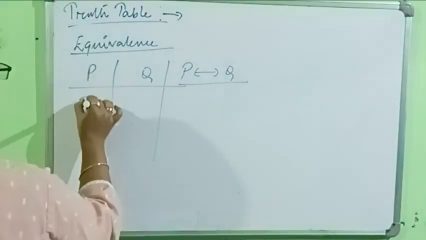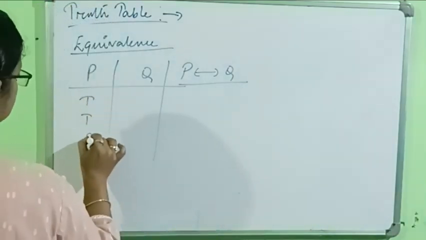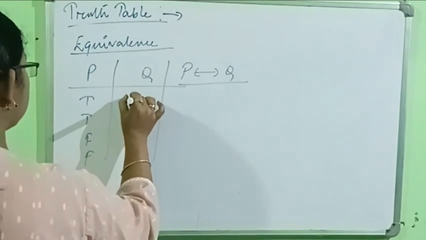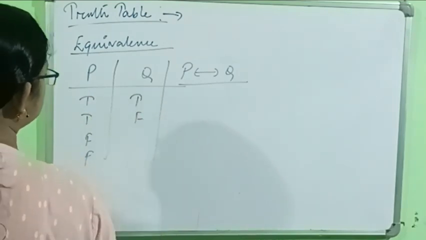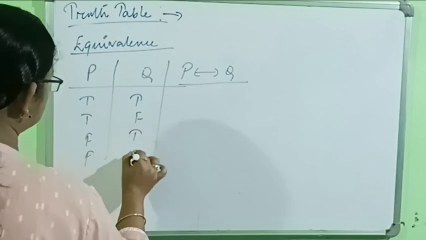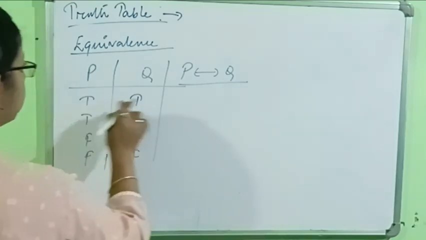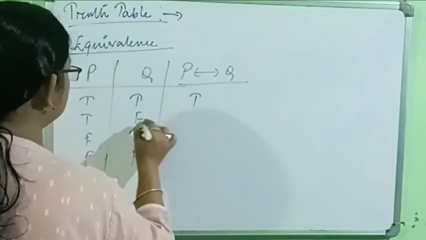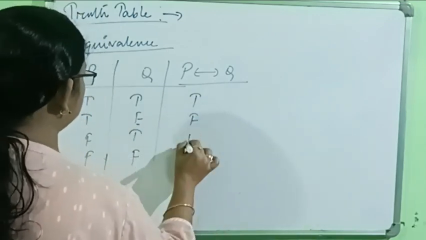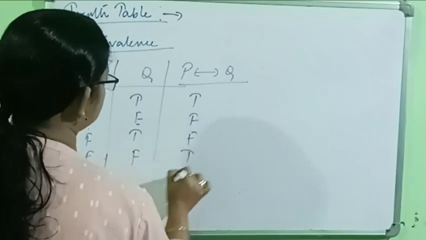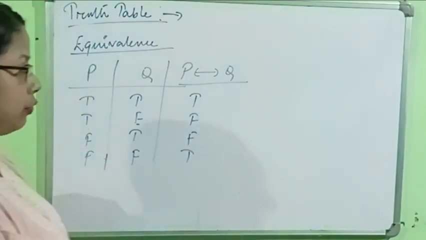So true, true, false, false, and true, false, true, false. I write the table: true, false, false, true. This is the equivalence table.